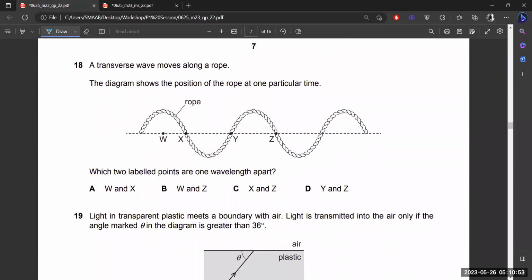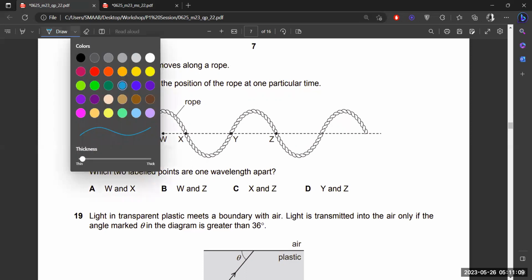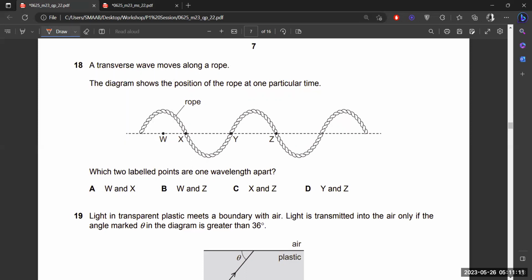Okay, question number 18. This is the third consecutive question which is again repeated from a past paper. Those who are doing topicals with me witnessed that this is a repeated question, and I think this is the first question from our topicals. In this diagram, you just need to label points which are one wavelength apart.